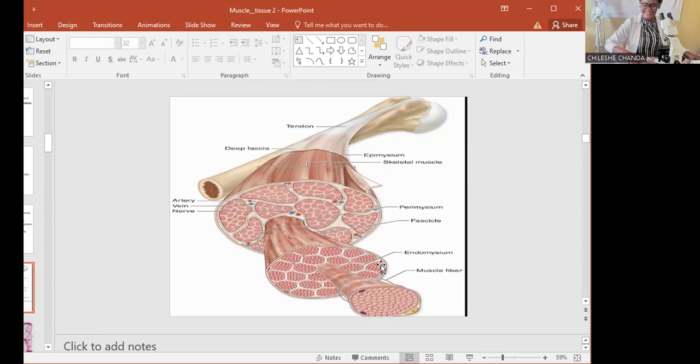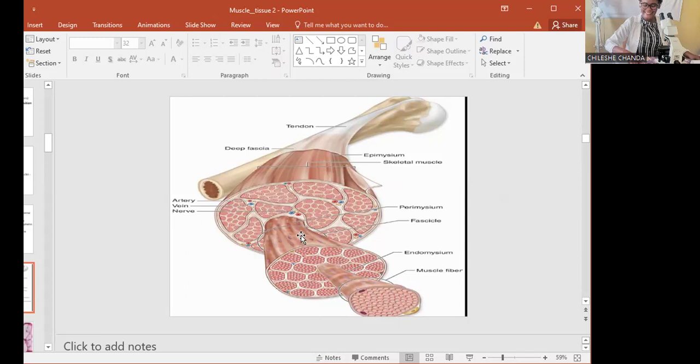Each of them is covered by the endomysium, a thin layer of connective tissue. When you put these cells together with the endomysium, you form one bundle. This whole bundle that contains muscle fibers is known as a fascicle.